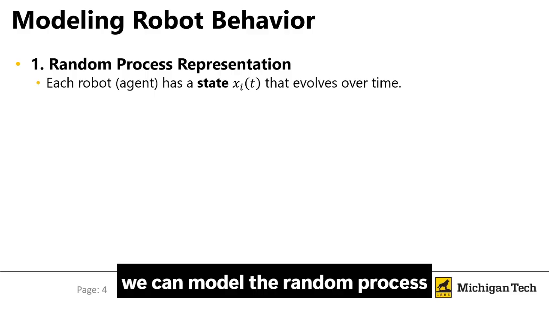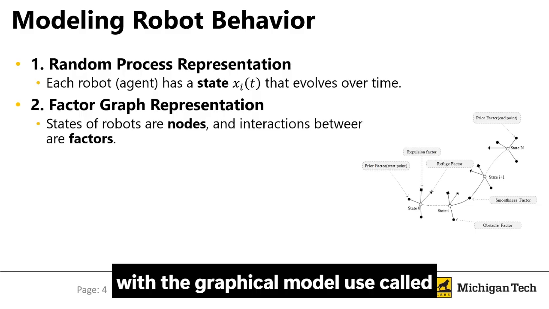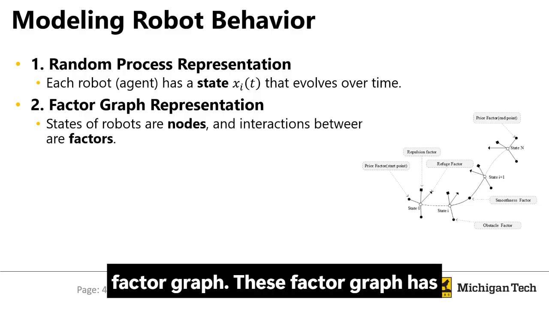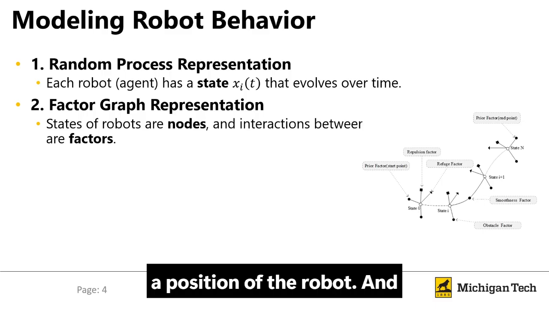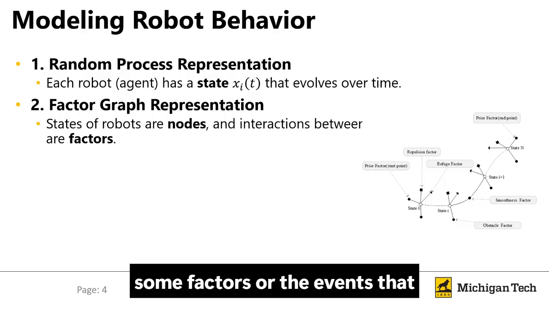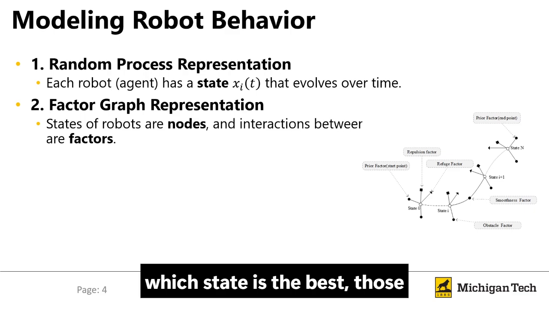We can model the random process with a graphical model called a factor graph. This factor graph has some states. A state is, for example, the position of the robot, and some factors are all the events happening for decision making to find which state is the best.